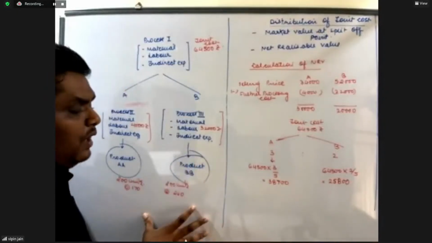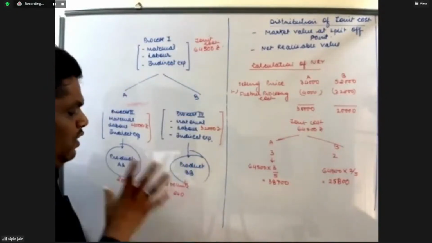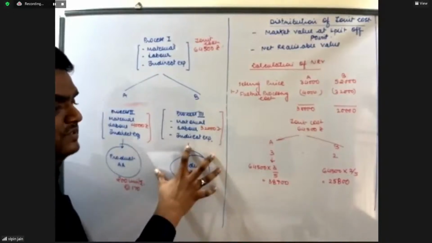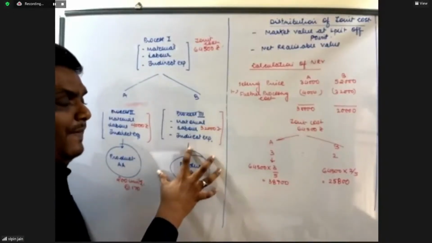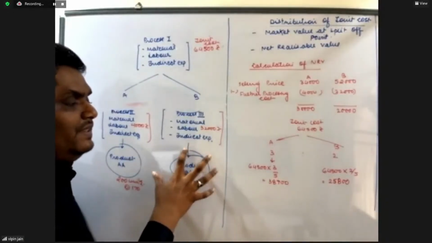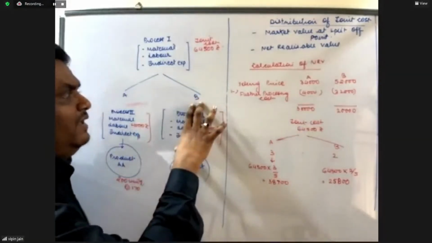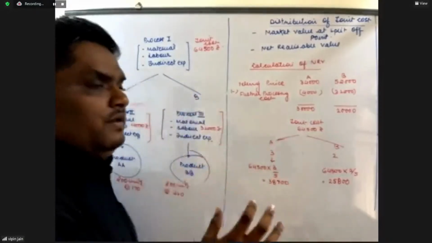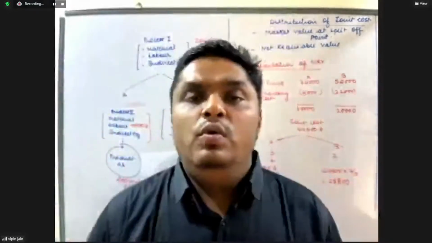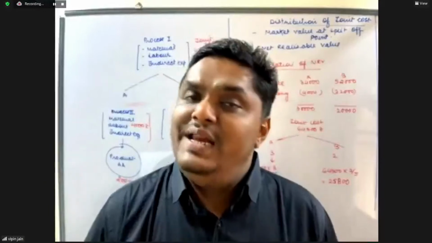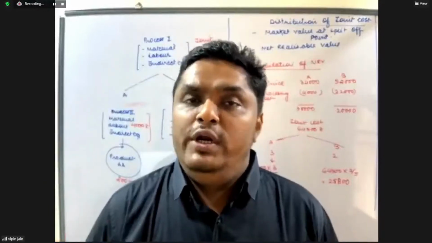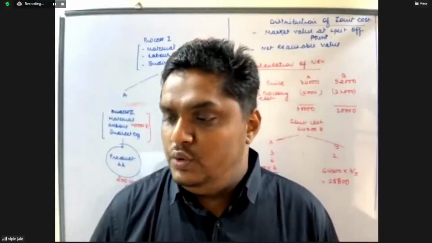When talking about how to calculate net realizable value, we'll take the selling price of these two final products, minus any selling expenses if given. Thereafter, if any further processing cost is given, then we will deduct. The value that we get is what we call the net realizable value, and my joint cost will be distributed in that ratio.